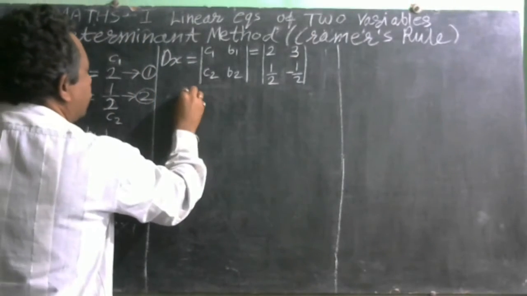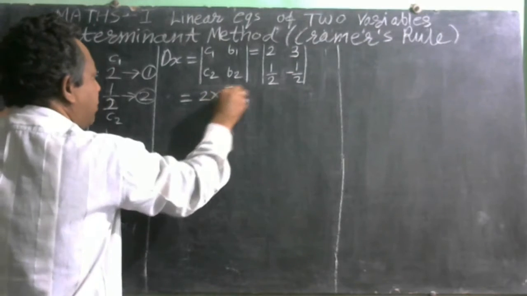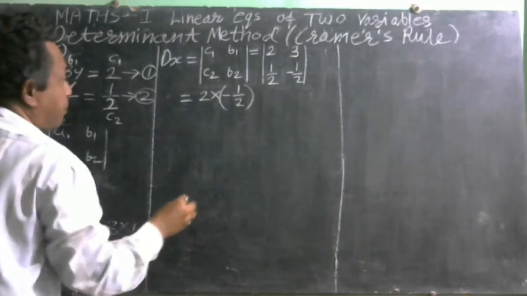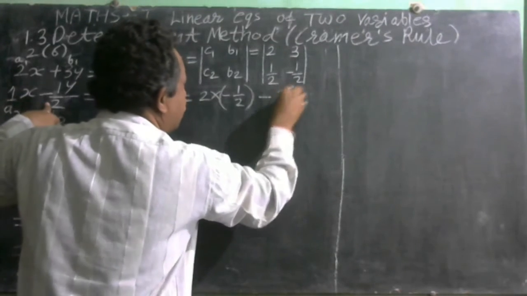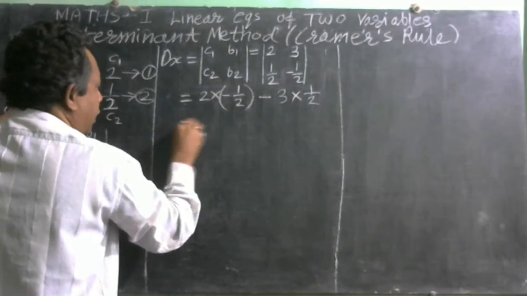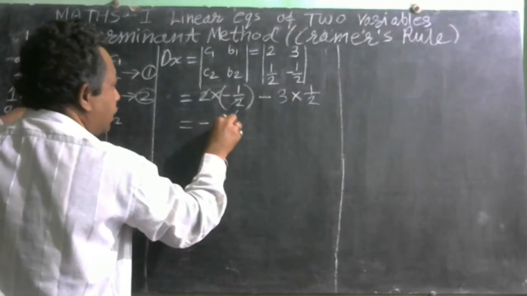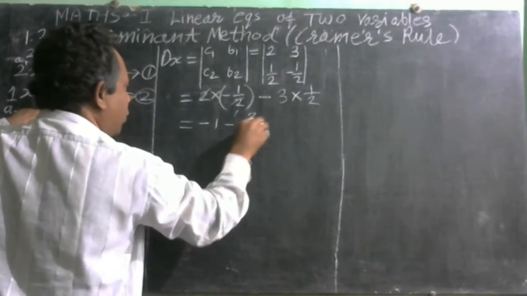Now cross multiply these two elements, that is 2 multiplied by minus 1 upon 2, minus 3 multiplied by 1 upon 2. Now 2 ones are 2, so here is minus 1, minus 3 ones are 3, 3 upon 2.